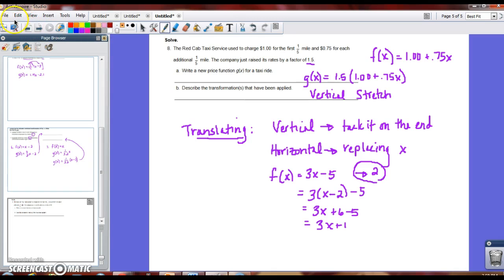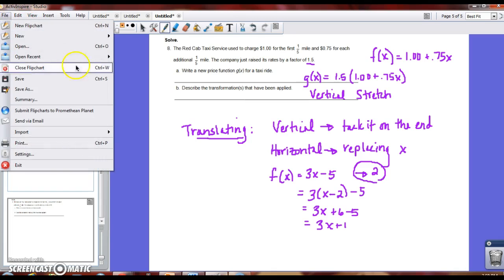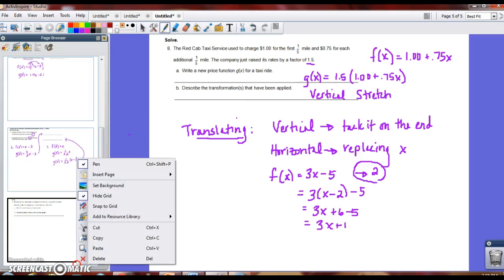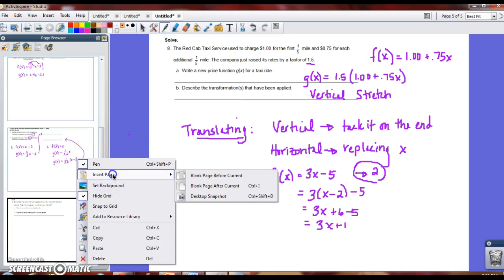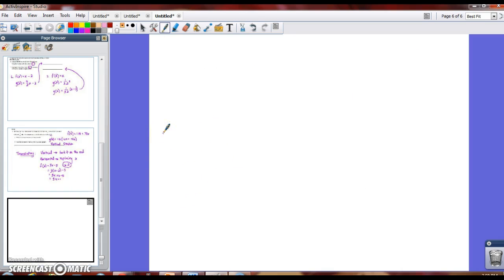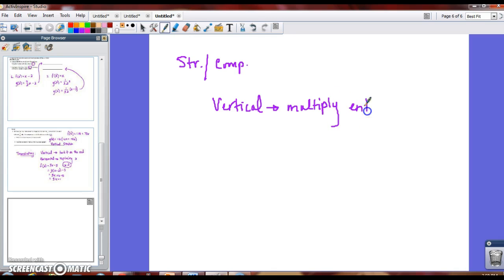If you are doing a stretch or a compression with the vertical, you multiply the entire equation by the factor.